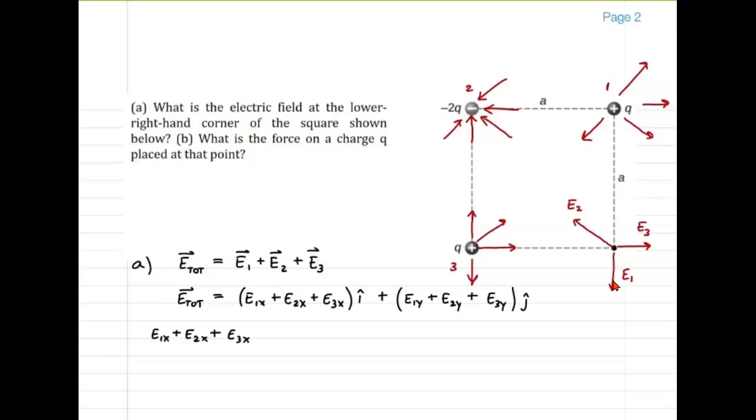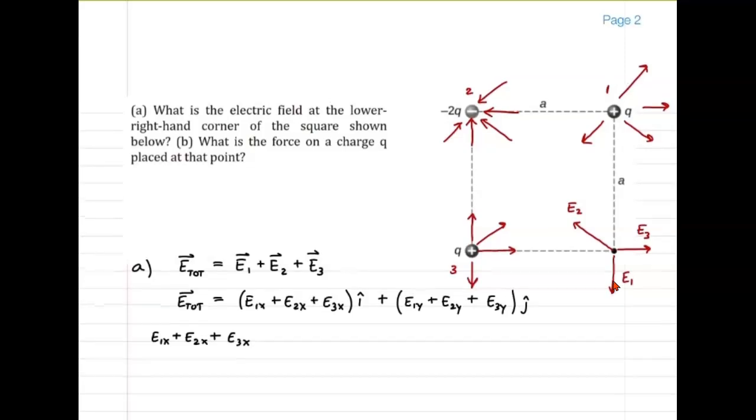So E1x is equal to 0. What about E2x? Well, E2 does have an x component. If you want to zoom in here, this is what it looks like, E2x.